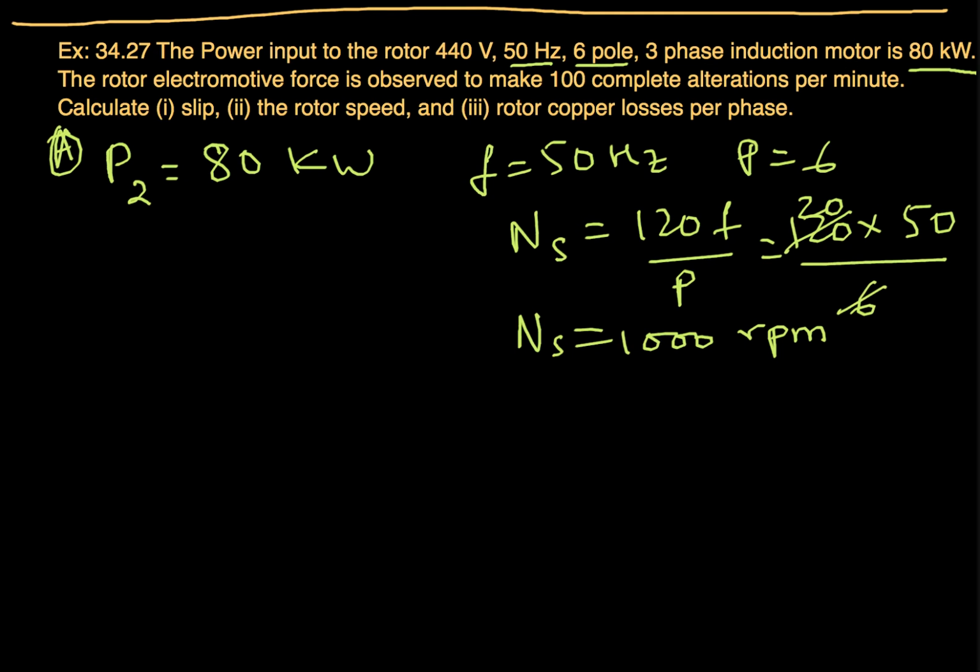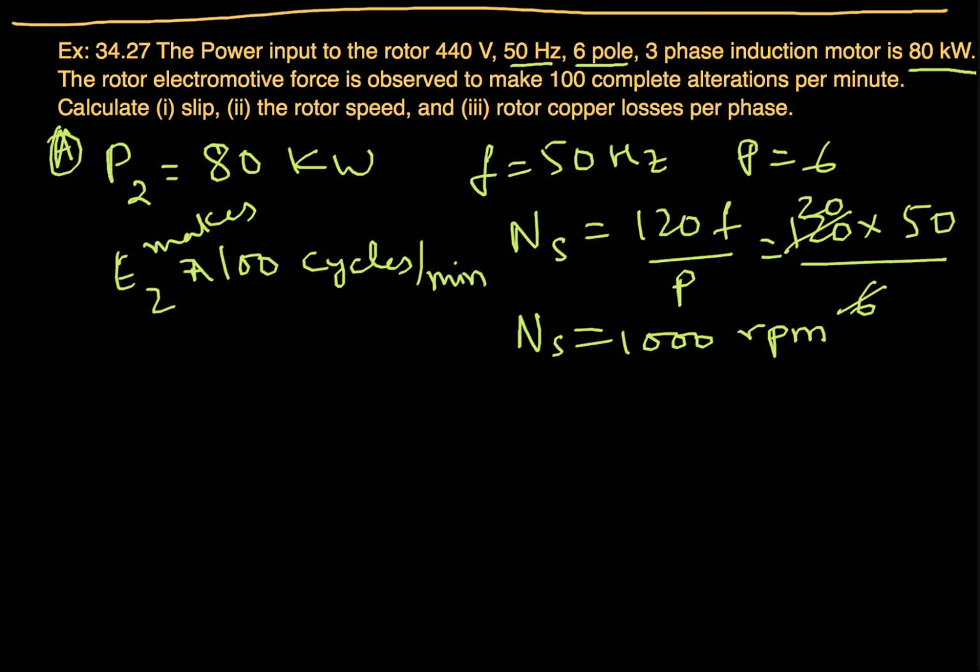Let's continue. The rotor electromotive force is observed to make 100 complete alterations per minute. So we are talking about the rotor electromotive force, which is E2. It is making 100 cycles per minute. So from this I can determine the frequency of the rotor.